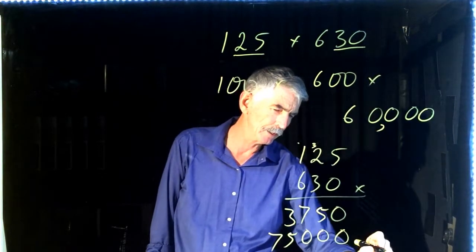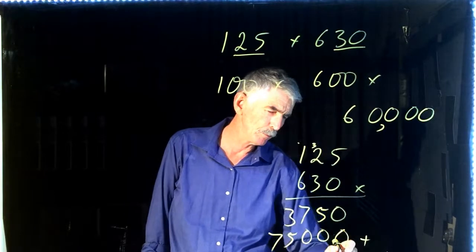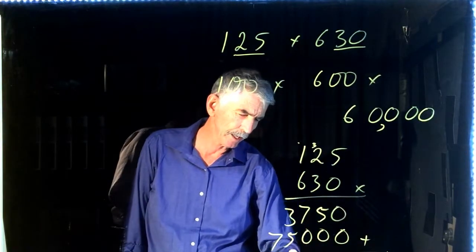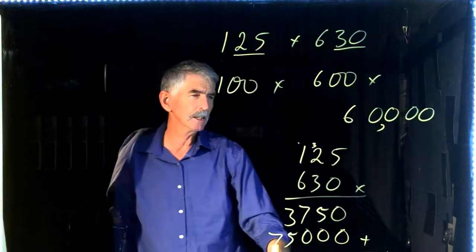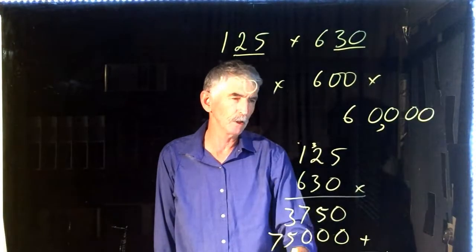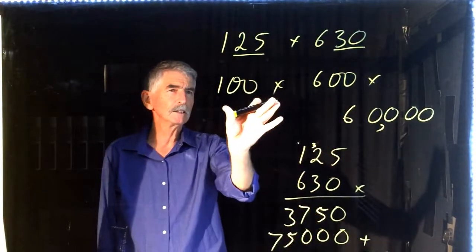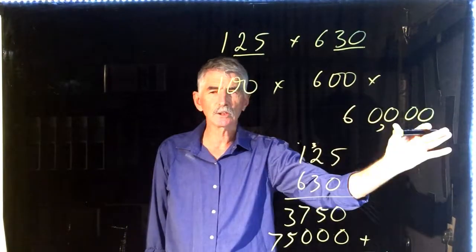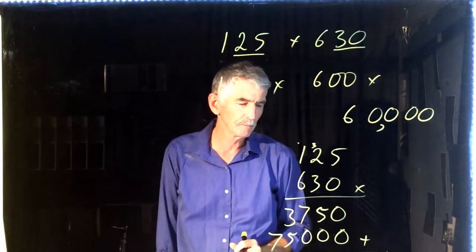And then we add them together, and we're going to get 78,750, and you can see that our answer is actually greater than our estimation of 60,000 in real life. But our estimation tells us that our answer is going to be either 60,000 or greater because it's a multiplication.